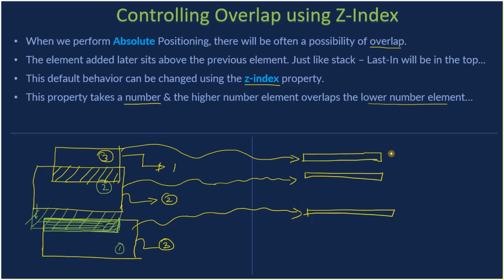So that's the z-index property. And by changing the number, you can switch this. So if we kept this as 2 and this one as 1, this will come down and this will move up. That way you can control the overlap.